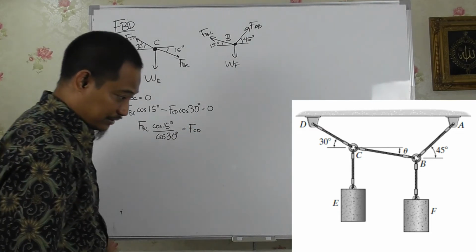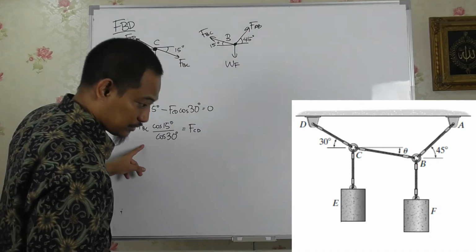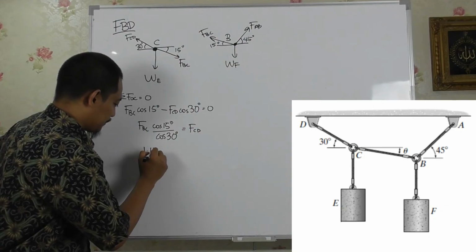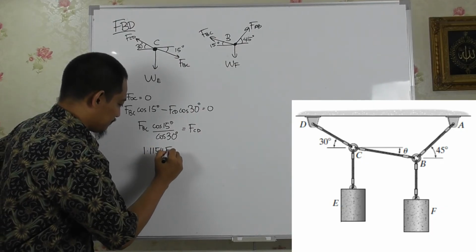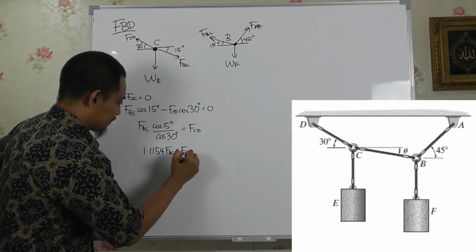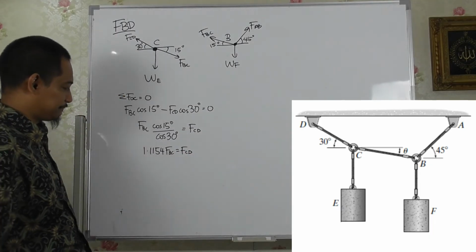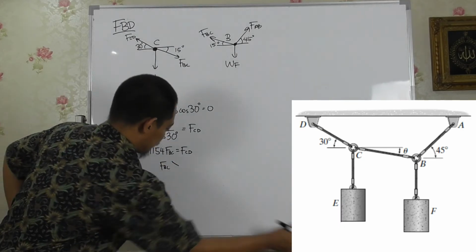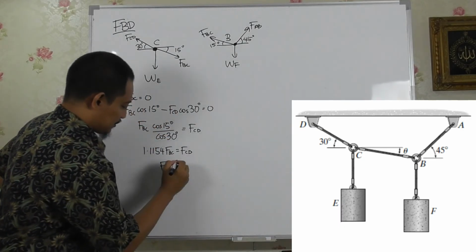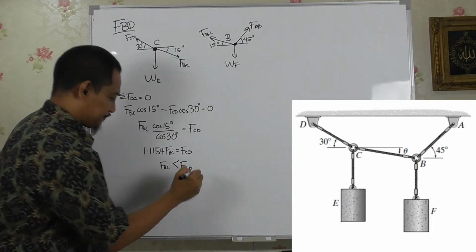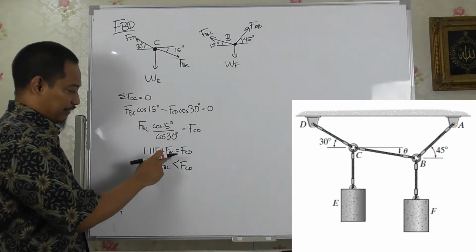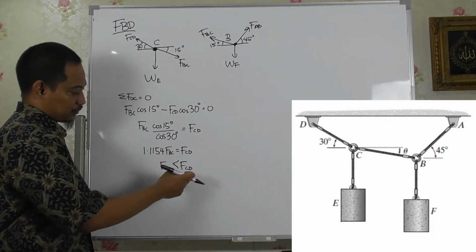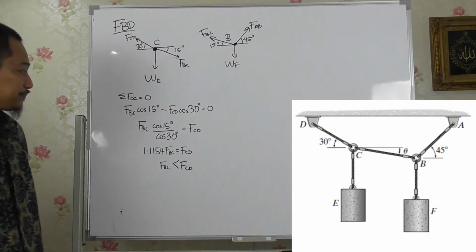So here if you see the value, it will become 1.1154 FBC equals FCD. So which one is larger? FBC is smaller than FCD. Again, just substitute: if FBC is 1, multiplied to get FCD becomes 1.11. So of course FCD is larger.